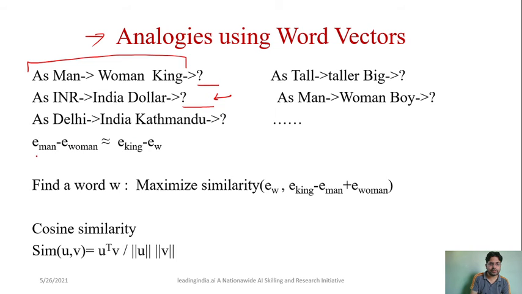In order to find out, you can say E man minus E woman. E king means this is the embedding, and what will be the embedding of this word? What is the closest embedding? So once you calculate this, you will find this will be the embedding of queen that you will look for. Right? So with the help of cosine similarity, you can find the closest embedding. So here we have to find a word, EW, which is closest to E king minus E man plus E woman.